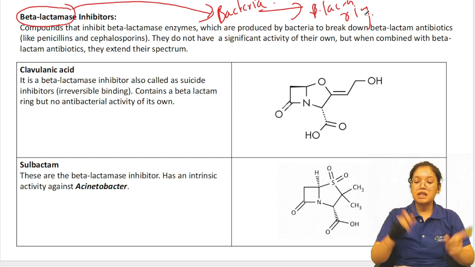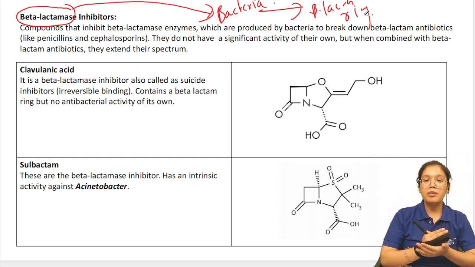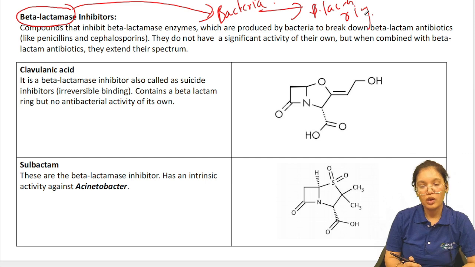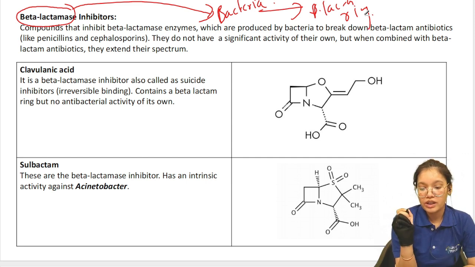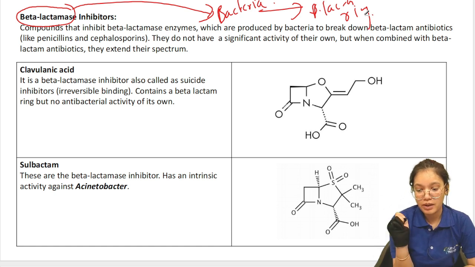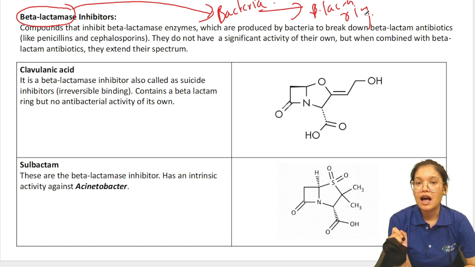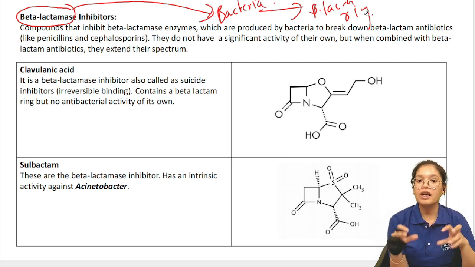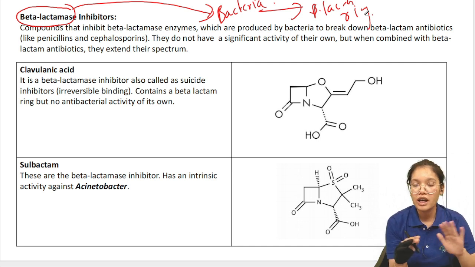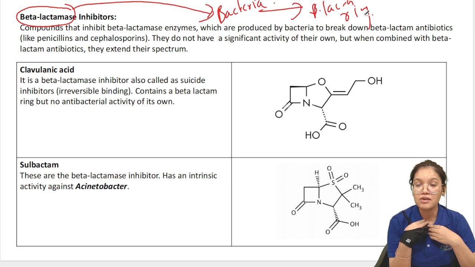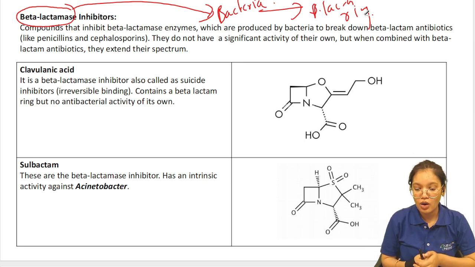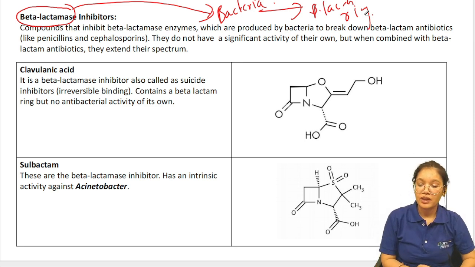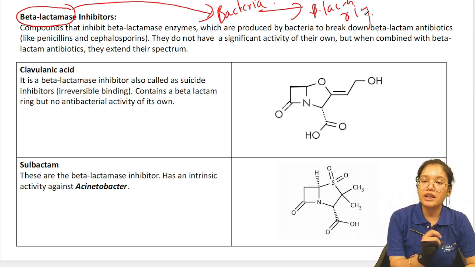Beta-lactamase inhibitors are compounds which inhibit the lactamase enzyme. They do not have any therapeutic activity of their own, but they are combined with other antibiotics to show their activity or to extend the spectrum of the other antibiotic.